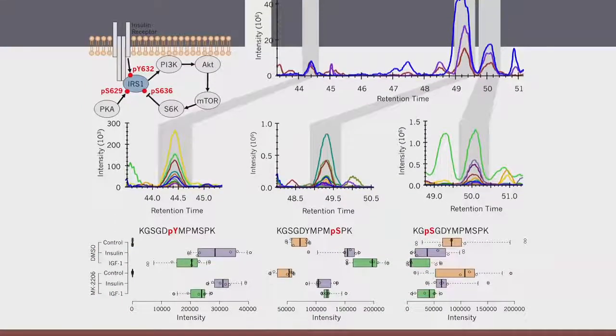We've done this with insulin stimulation, IGF-1 stimulation, and also with an AKT inhibitor. The interesting thing is that for this one specific site regulated by AKT, when you add the AKT inhibitor, we do see a decrease, and for all the other ones we don't see a difference between the DMSO and the AKT inhibitor.